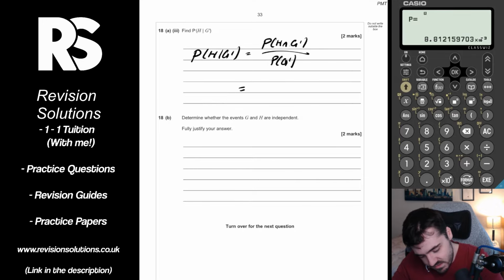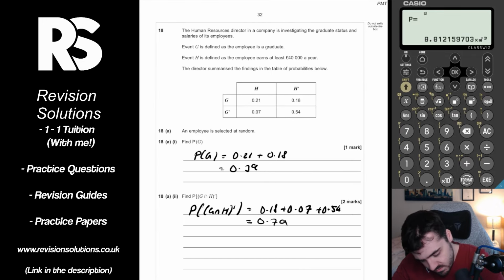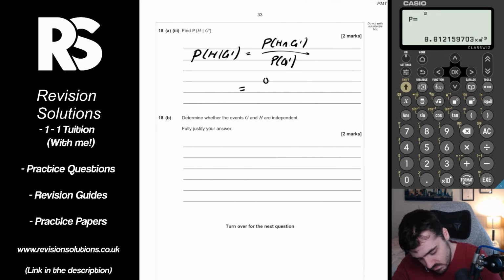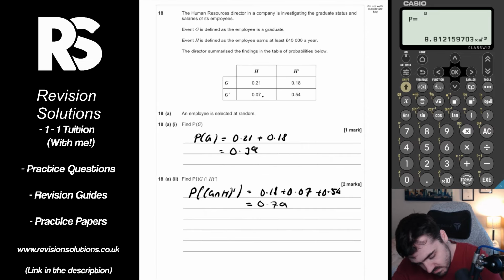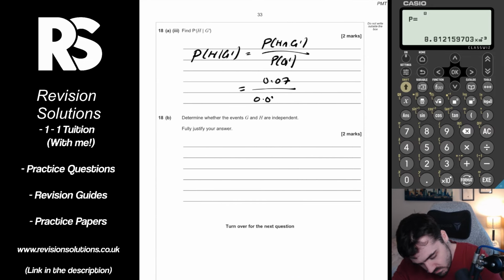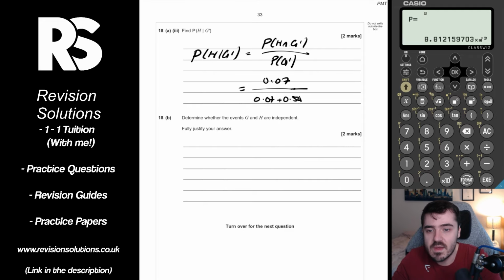So H and not G would be this one, 0.07, over the complement of G, which is 0.07 plus 0.54.